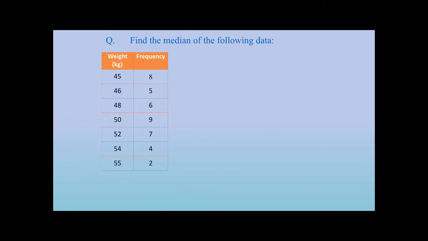Similarly, 46 is coming 5 times in the data, and so on for the rest of the numbers. So for this type of frequency distribution, we use cumulative frequency. That is, we add one frequency to the previous to get the next frequency.